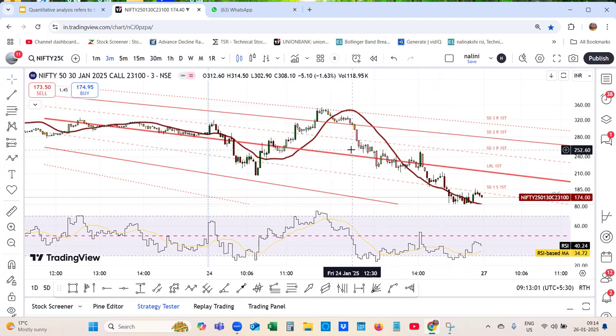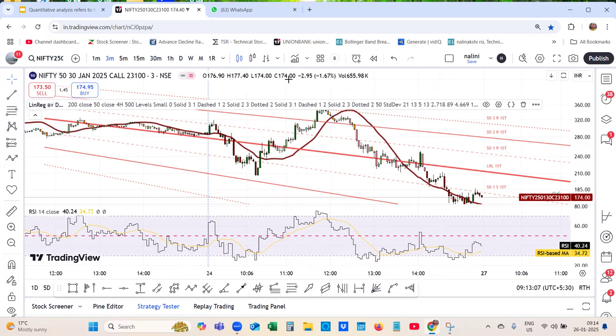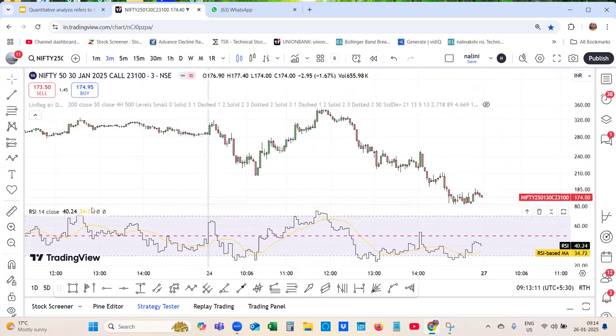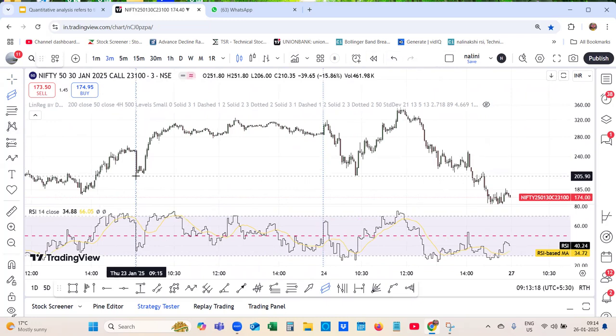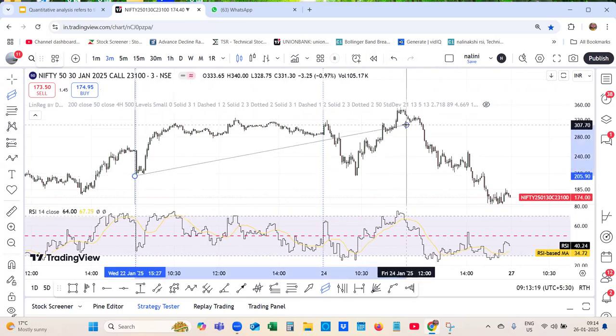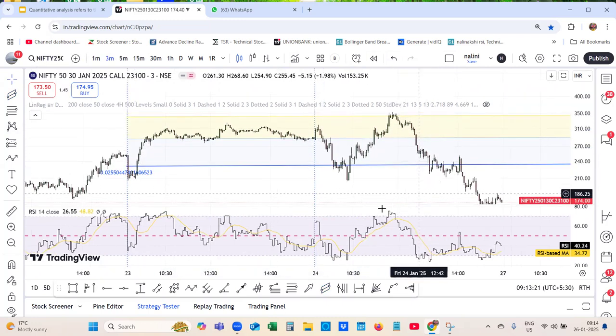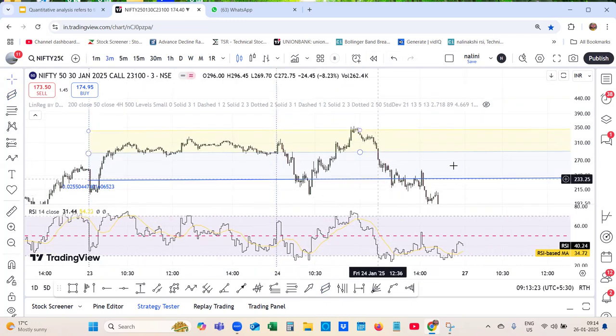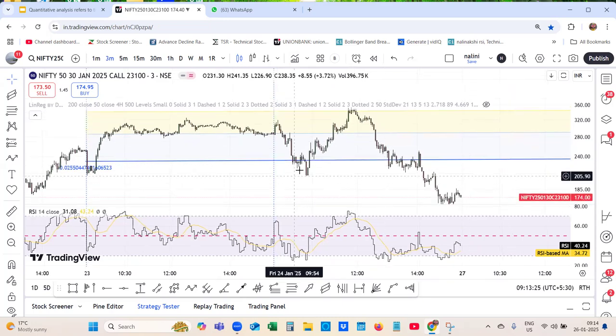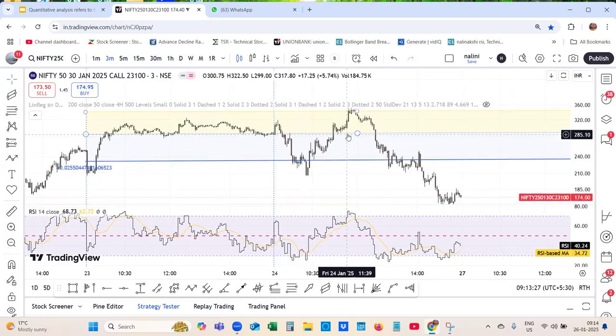Even without the indicator, there is a tool. Let me hide this, and there is a regression tool. Suppose you want to apply from here to here, just drag it, and you are getting a channel. This is the best middle line, the best fitting line.